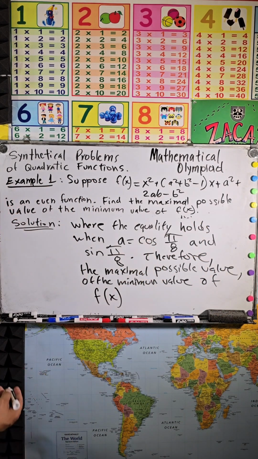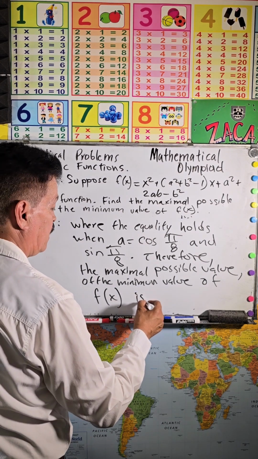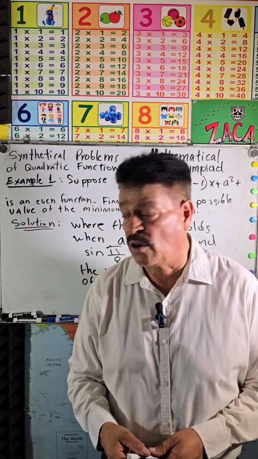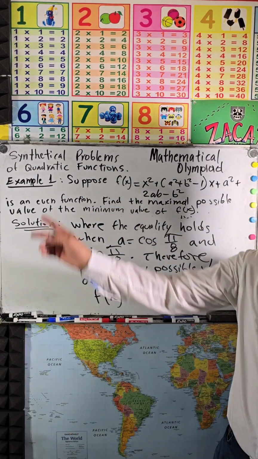Remember the conclusion that we got is square root of 2. So that's our conclusion in our first example.